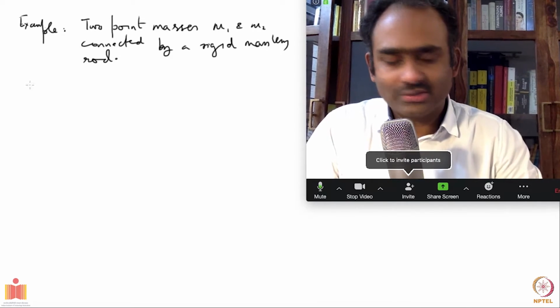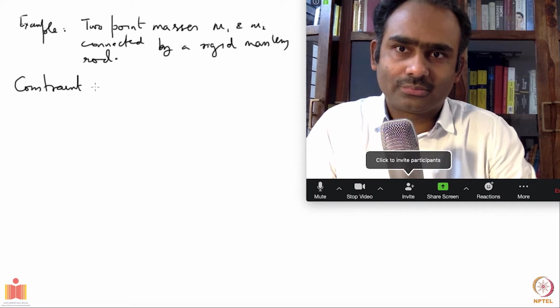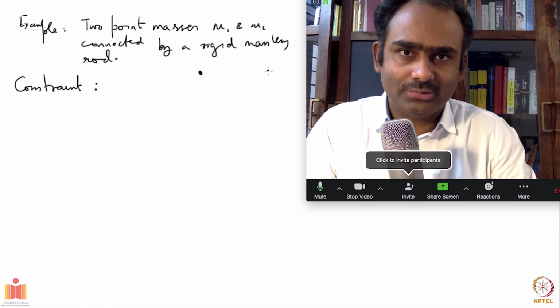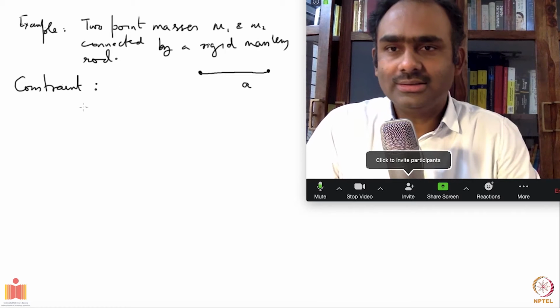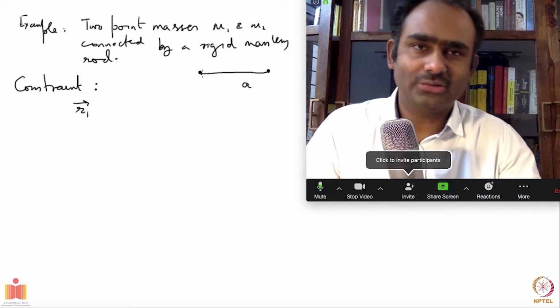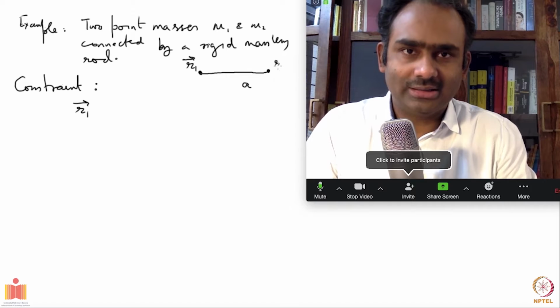So what's the constraint we have? Let's look at the two particles M1 and M2, and the distance between them is, let's say, A. The constraint is that, with respect to some origin that you choose, the location of this one is R1, and the location of that one is R2.